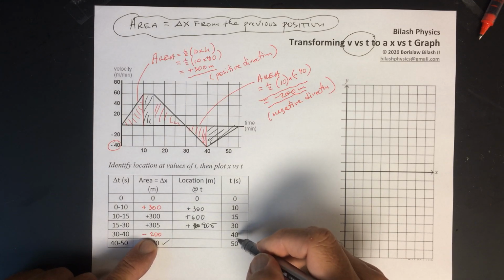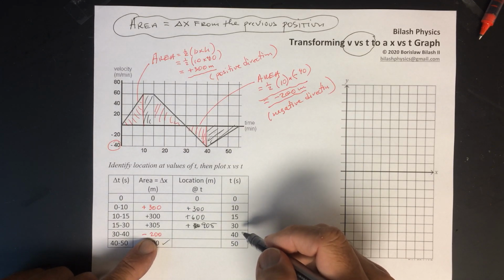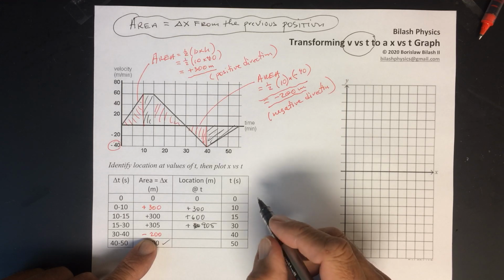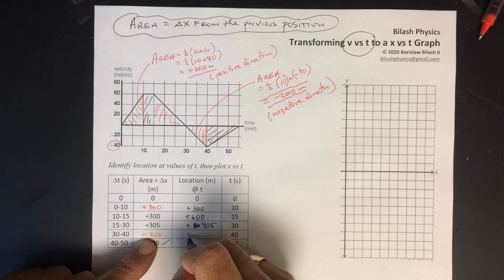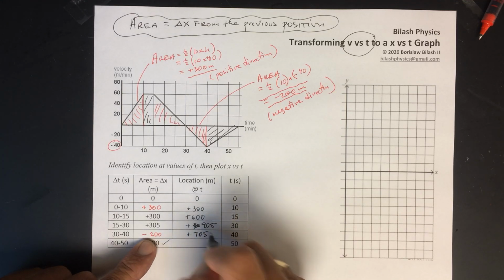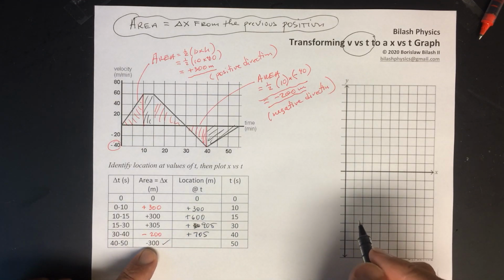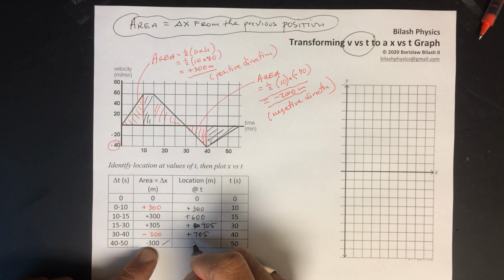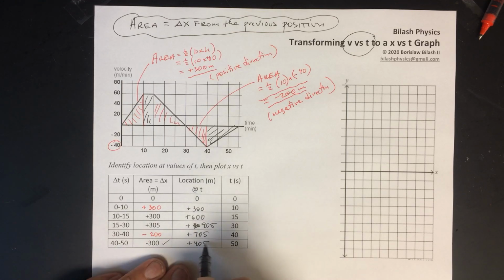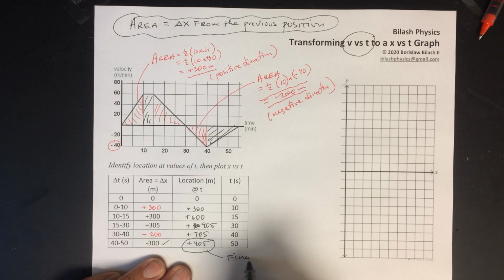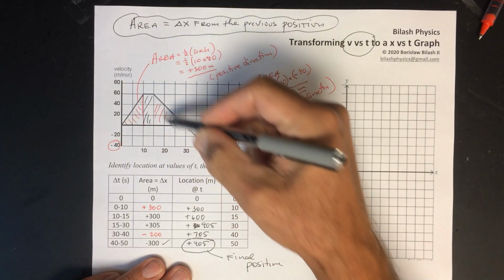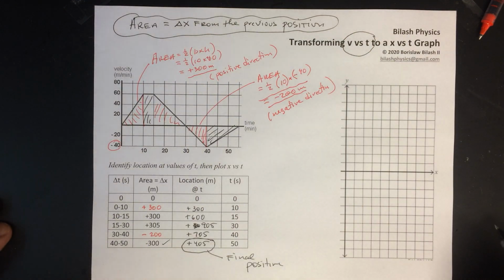But at 40 seconds, it's moved in the opposite direction 200, so this becomes 705. And it now continues in a negative direction, so we subtract 300 from 705, which is 405. So this is actually the final position of the object after it undergoes all of these velocities.